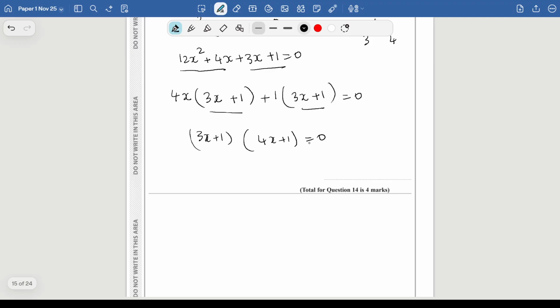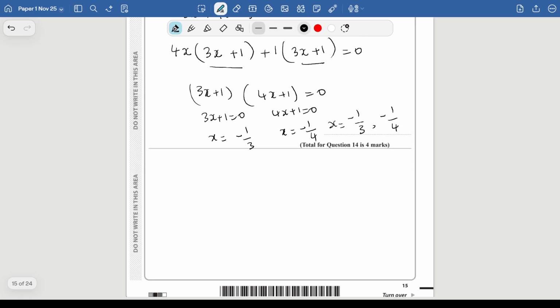If 3x plus 1 is 0, then x is negative 1/3. And if 4x plus 1 is 0, then x is negative 1/4. So I have these two values for x. So x is negative 1/3 or negative 1/4. So that's the answer.